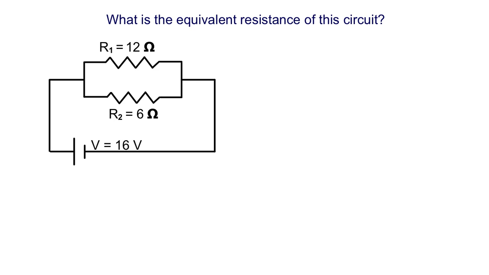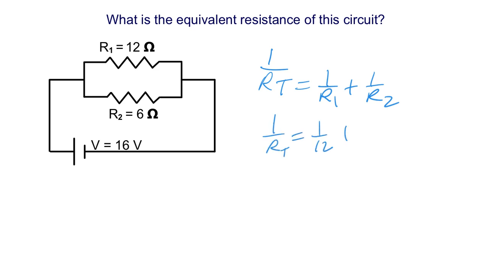Okay, so let's do some actual problems. What's the equivalent resistance of the circuit? Okay, so be careful, this is in parallel, so 1 over RT equals 1 over R1 plus inverse R2. So 1 over RT equals 1 over 12 plus 1/6.